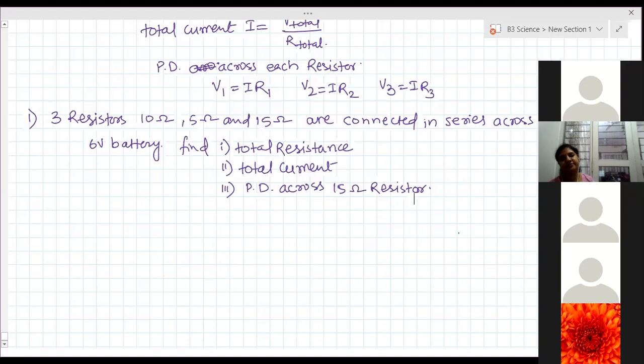And the third one is 3. The potential difference across this, 0.2. Yes, right. That's right.